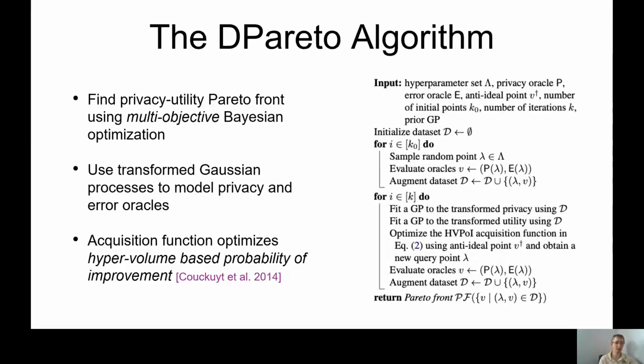And remember, we're in the multi-objective case. So here acquisition functions get slightly trickier, and we use hypervolume-based probability of improvement. This is an acquisition function that tries to increase the area the front covers. Okay. So yeah, that's the d-Pareto algorithm.